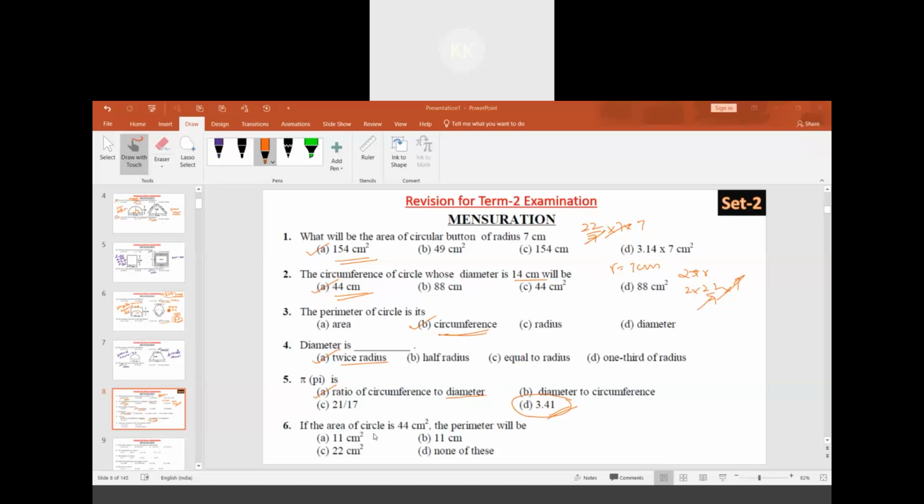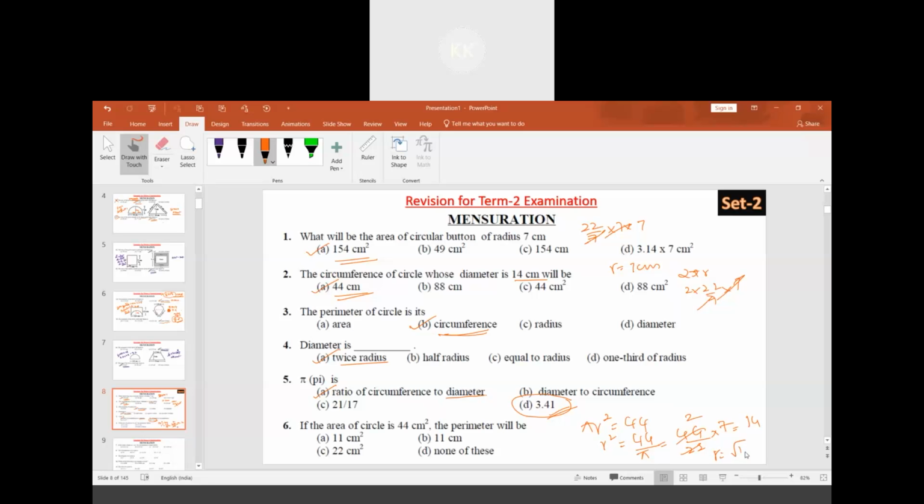Sixth question: if the area of circle is 44 centimeter square, its perimeter will be. For that, we need to find the radius. Pi r square is given as 44. So r square will be 44 divided by pi, which is 44 divided by 22 upon 7. It comes to 14.